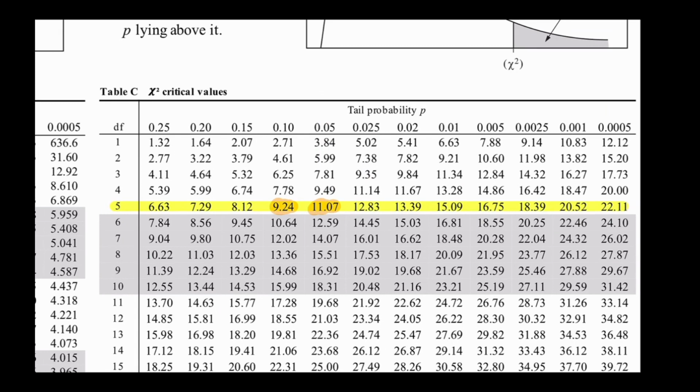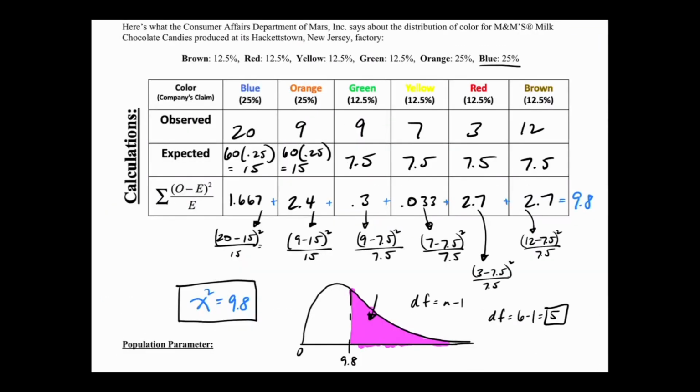Both of those guys are where our chi-square is in between. So we go up. This is the percent. So the percent in here is between 5 and 10%. Okay, it's between 5 and 10%. Bigger than 5, less than 10.